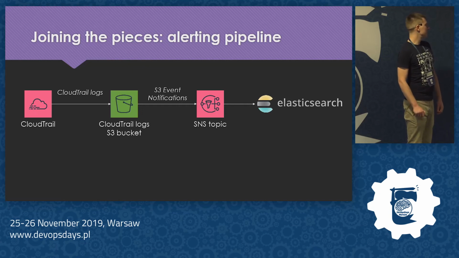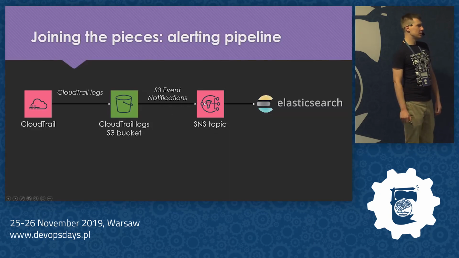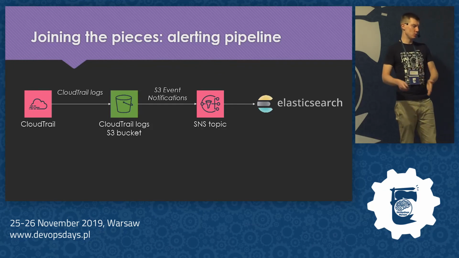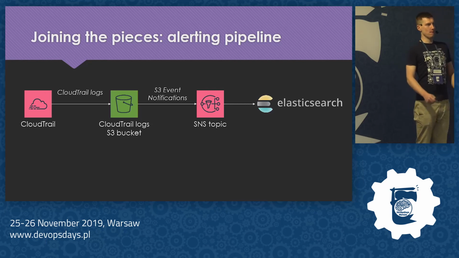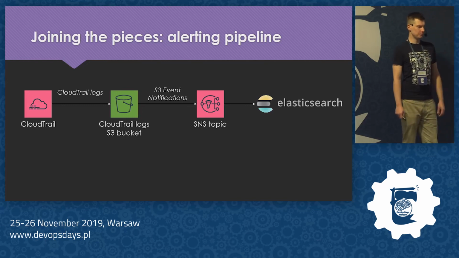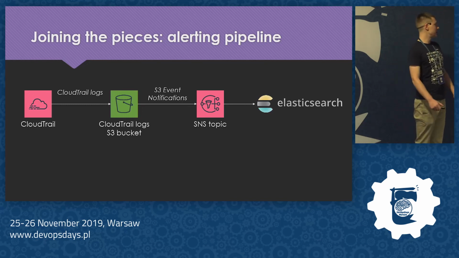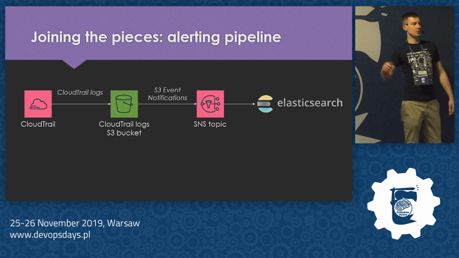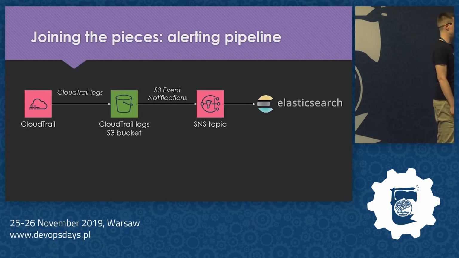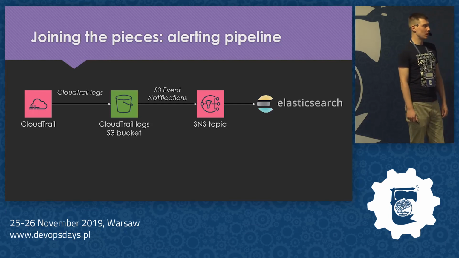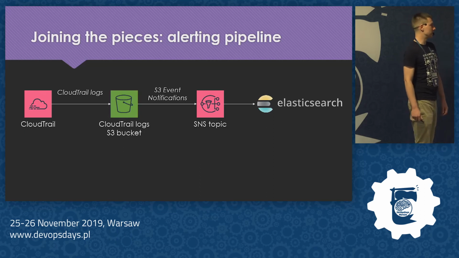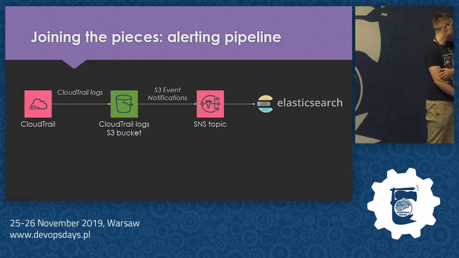This SNS thing here maybe is not that necessary, but say if you would like to use this S3 bucket and the logs there for some other services as well, it makes sense to do this messaging or notification topic just to route the messages better. And once you have Elasticsearch with all this JSON data, you can do some fancy stuff around it, visualize it in Kibana, or as I've mentioned, maybe use some other tools, like ElastAlert, which is one of the popular ones for alerting out of this data in Elasticsearch.